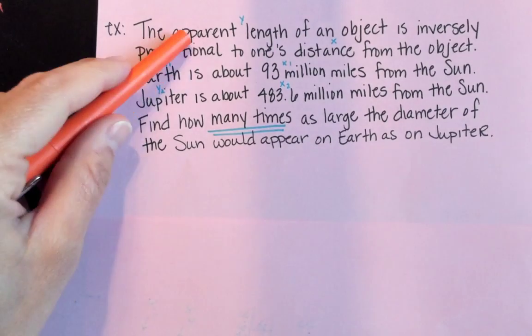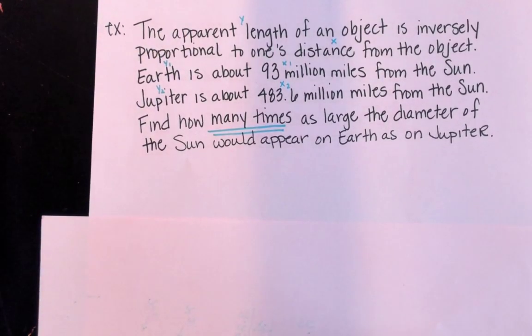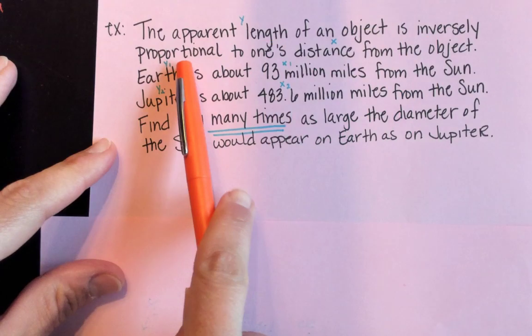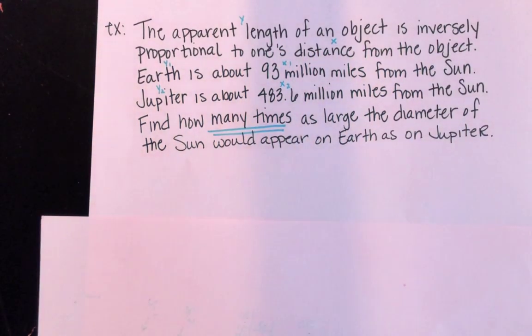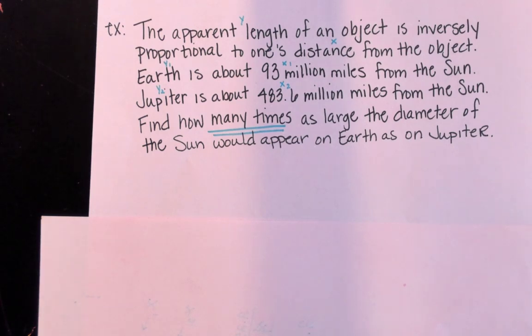The apparent length of an object is inversely proportional to one's distance from the object. So how far you are. If we were sitting in the classroom and I looked out at Rachel sitting in the back of the room, I could put my thumb and my forefinger and pinch her head. That would be the apparent length of her head, inversely proportional to the distance that I'm standing from her.